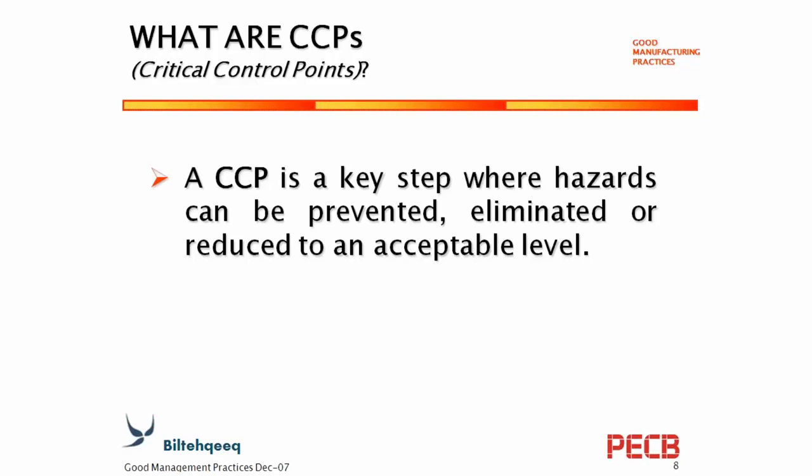Sometimes you cannot totally eliminate or abolish a hazard, but you can reduce it in some way to an acceptable level. So this is the point from where you can prevent, eliminate, or reduce the hazard to an acceptable level.